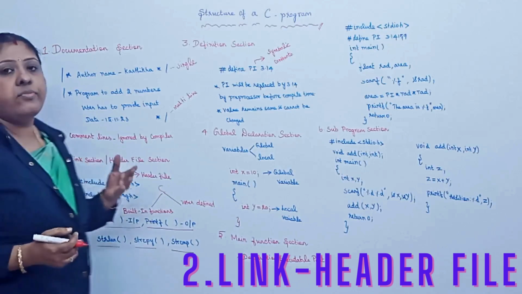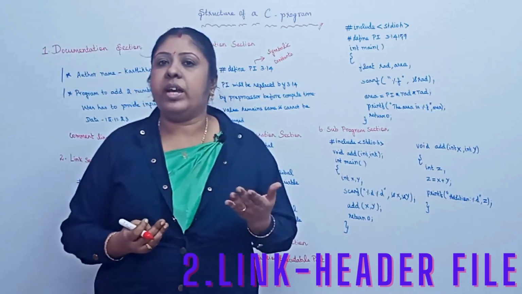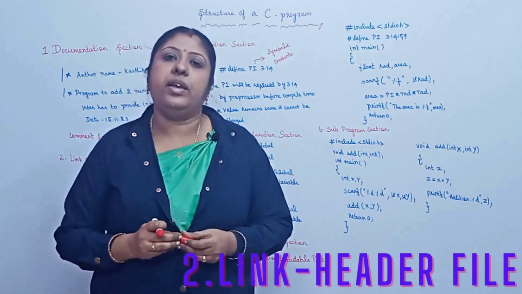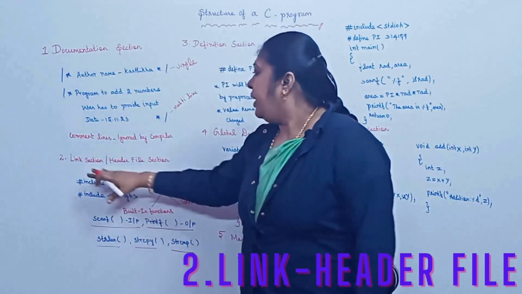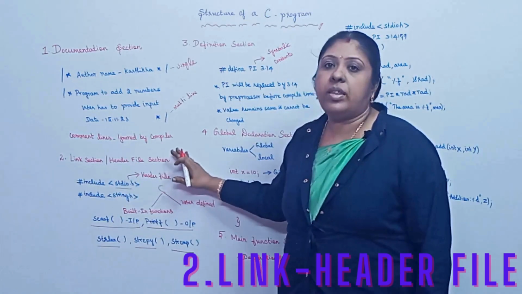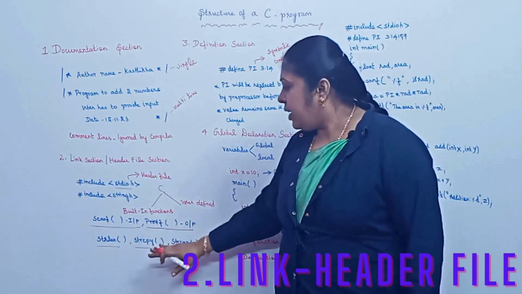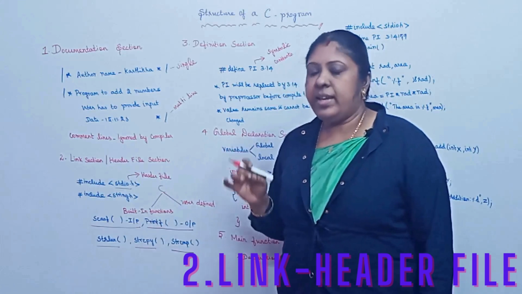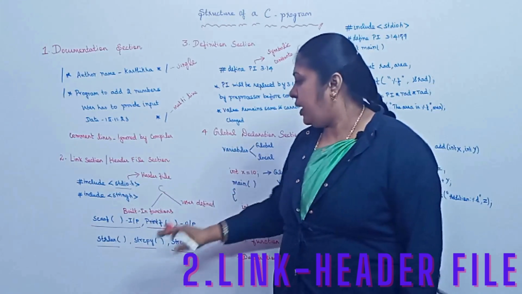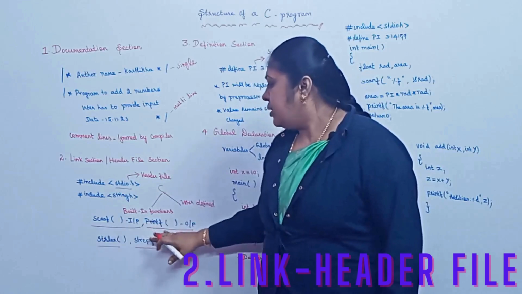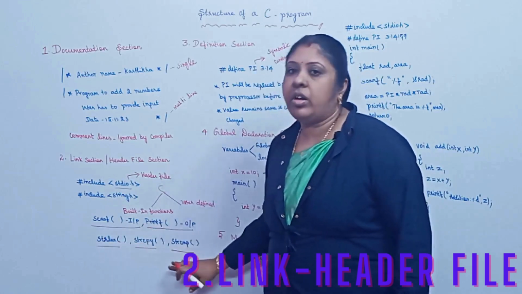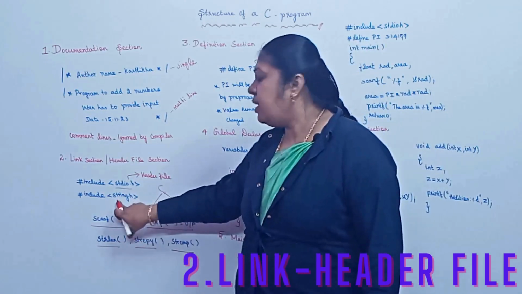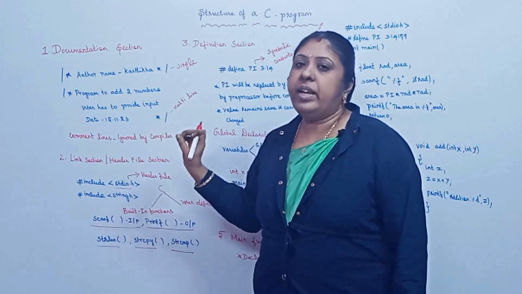When we are using mathematical functions, we can include hash include math.h, etc. These are the details about the link section or header file section. The built-in functions are already predefined in the C library by the compiler, and we can directly use scanf, printf, string length or whatever built-in functions, but you have to include the corresponding header file.